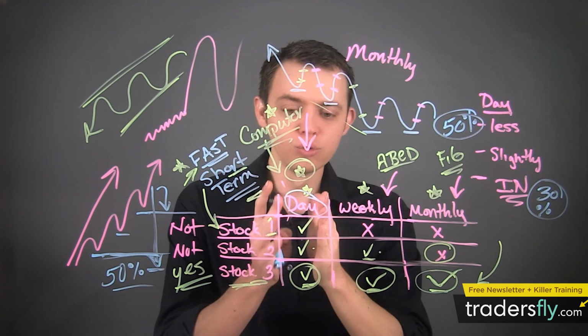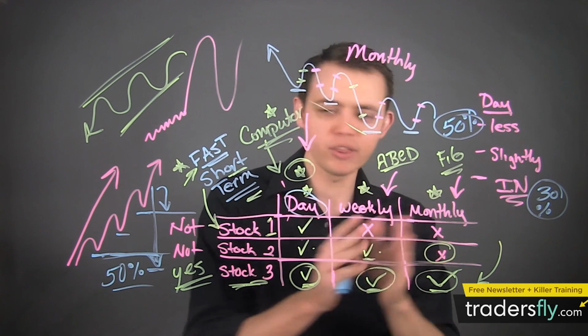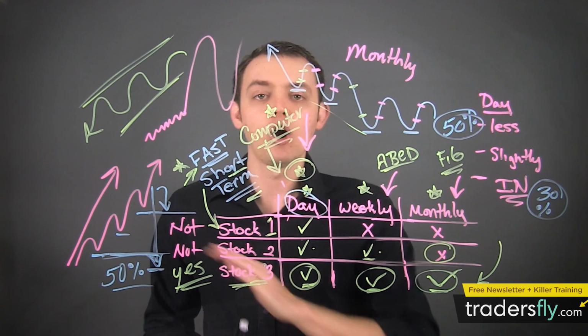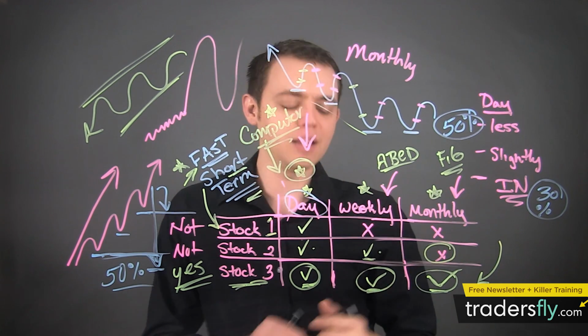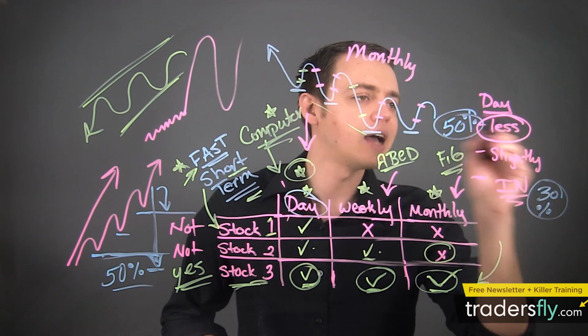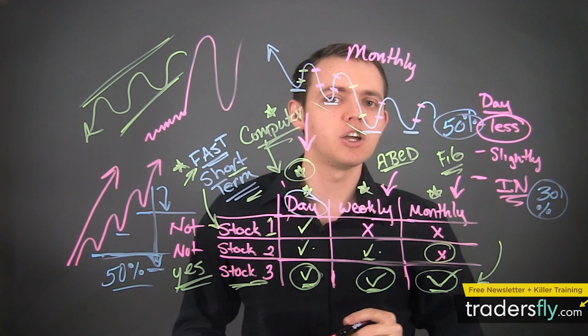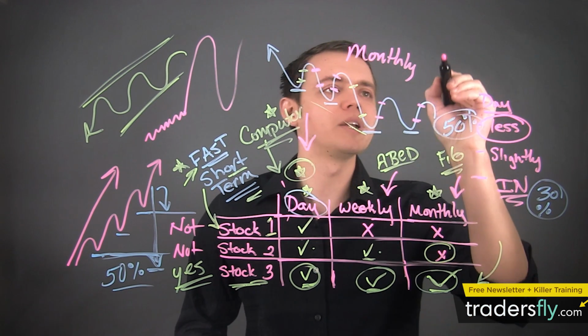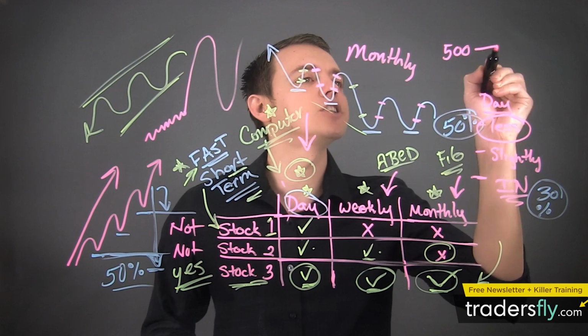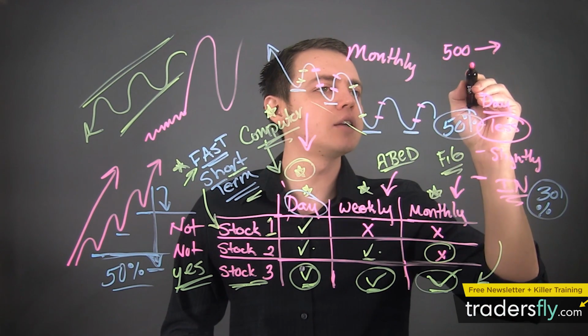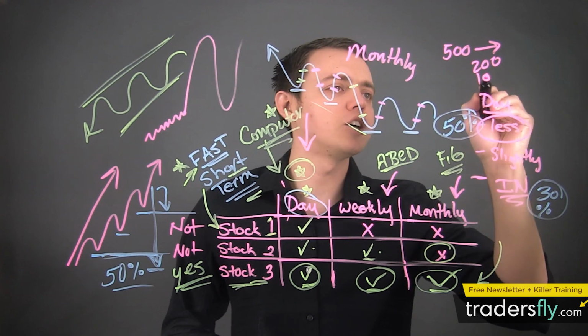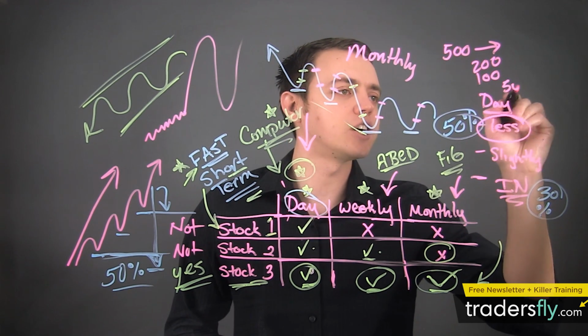So that's how money is made. That's how you look at the daily, the weekly, and the monthly, because you want all these things to be in alignment. If one of these things is not in alignment, trade less. Trade fewer shares. Go in lighter. If you normally trade 500 shares and all of these things are not in alignment, then you should trade 200 shares, or 100 shares if you're new, or 50 shares.